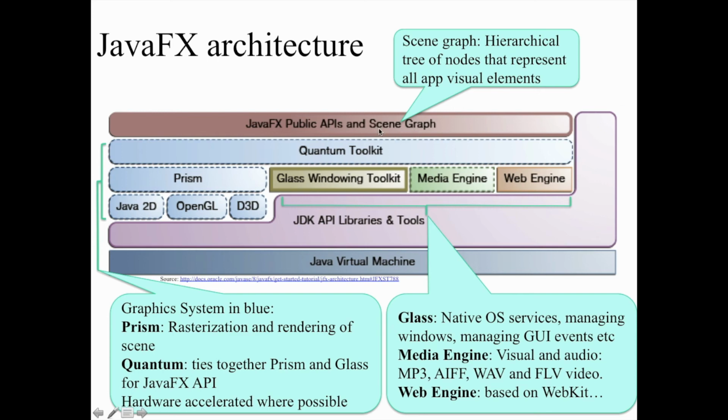JavaFX tends to use terminology from theatre, so the current scene being displayed on a stage. So there's sort of a graph of components that make up what you're going to see as part of a scene that's currently being displayed on the stage.